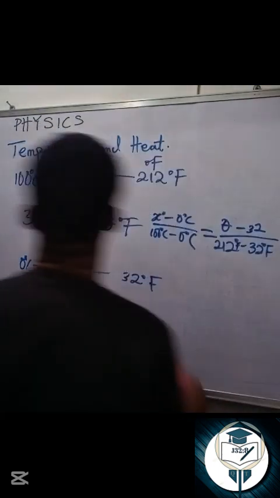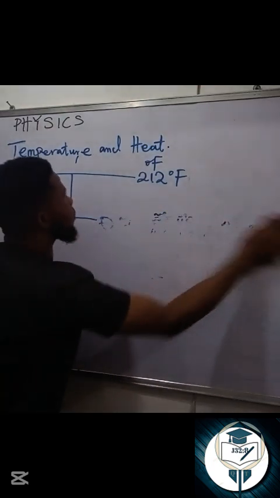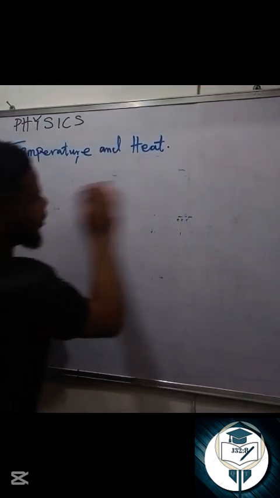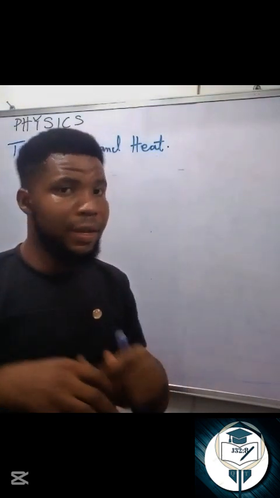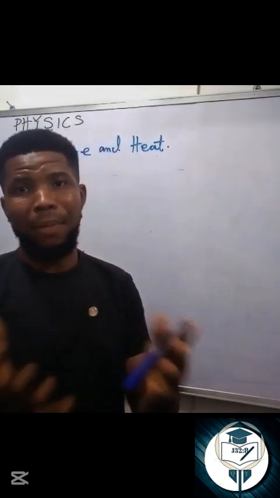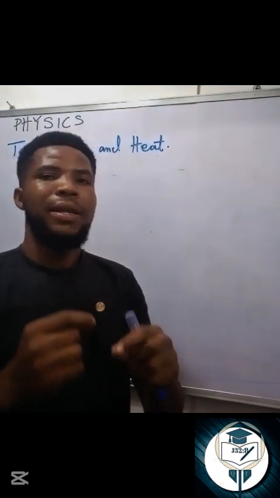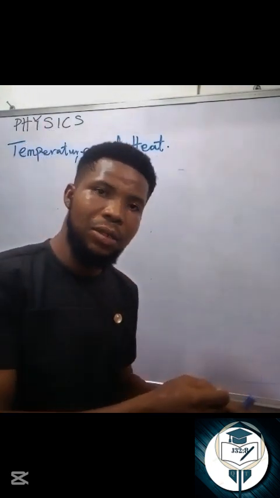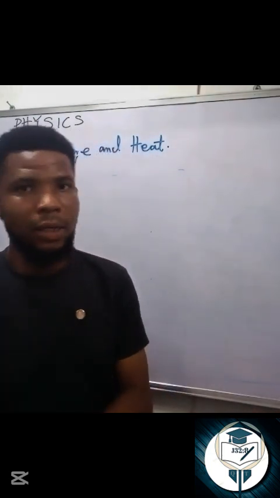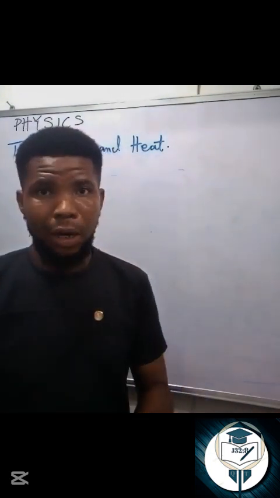Alright, now we want to look at this: since we have different instruments for measuring temperature, or different thermometers, they have different properties. You have the resistance, you have the potential difference, and you have the length or the distance.